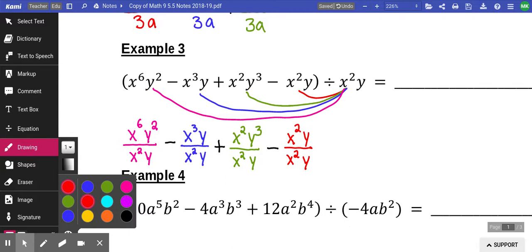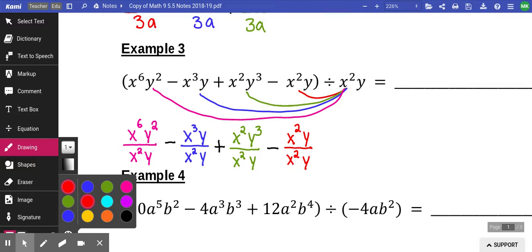When I look at the purple fraction, numbers go with numbers, letters go with letters. There are no numbers, meaning there's no coefficients, right? There's no number in front of the letters. So I move on to letters go with letters. Letters can only divide by the same letter. Okay, so x to the 6 can only divide by the x squared. Just the x's go together.